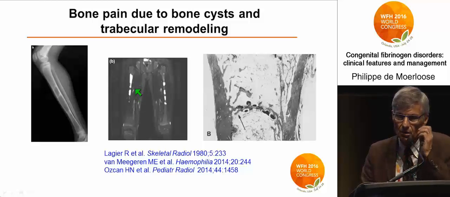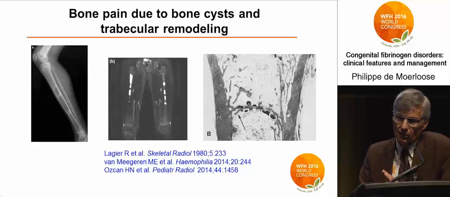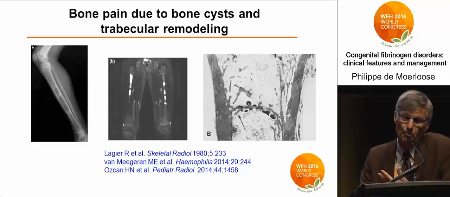We don't clearly understand the pathogenesis behind that. In some patients, when you give them fibrinogen, they are much better and the pain disappears, which could be a hint that it's linked to some bleeding problem, but it's not so clear.